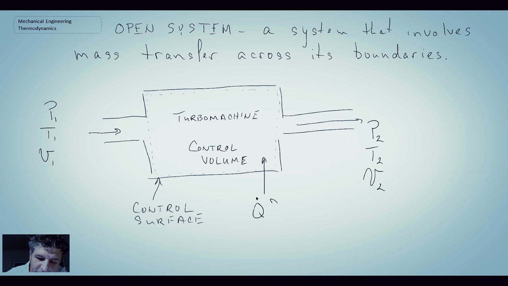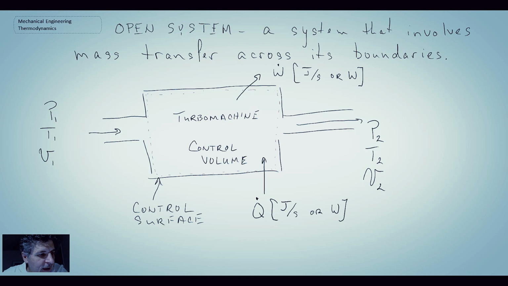So the units of this, unlike for the fixed mass system where it was joules, here it will be joules per second because it's a rate, or sometimes we refer to that as being a watt. And at the same time, we can have work crossing the boundary, again, a capital W with an over dot, and the units joules per second or watts.